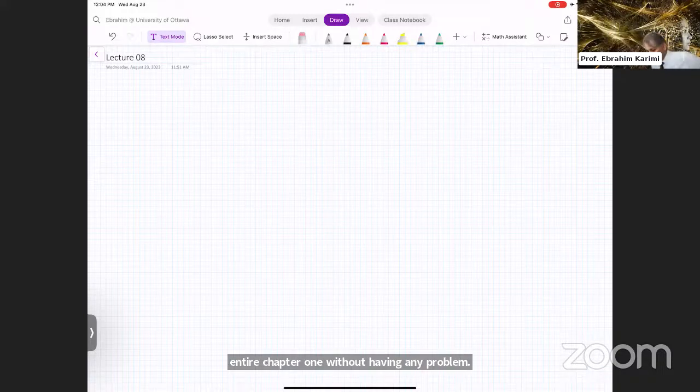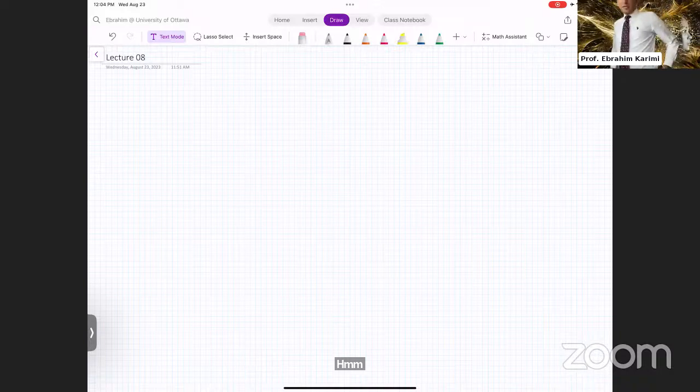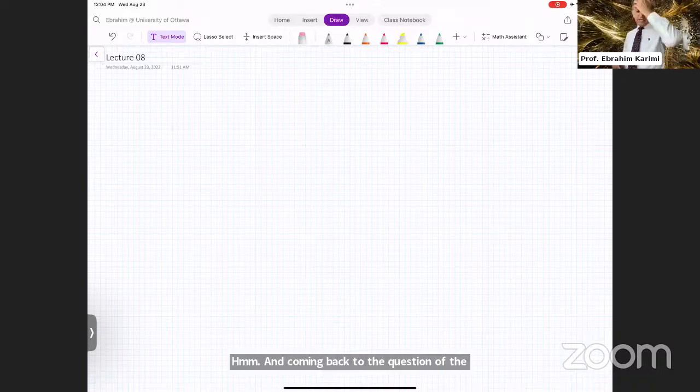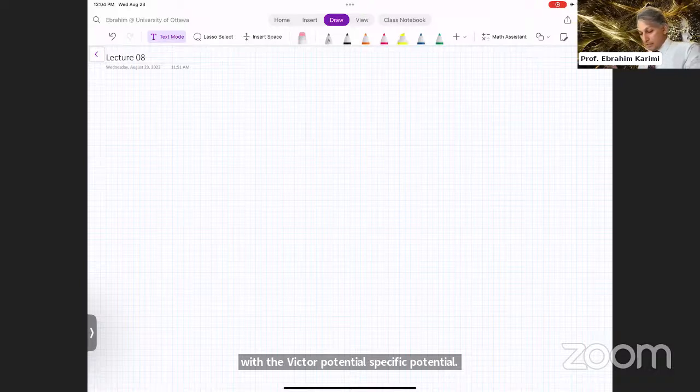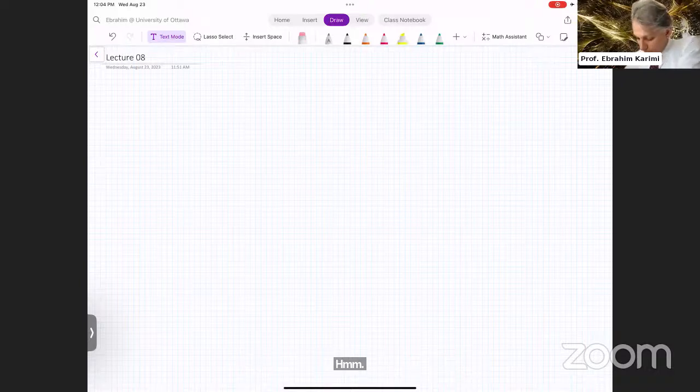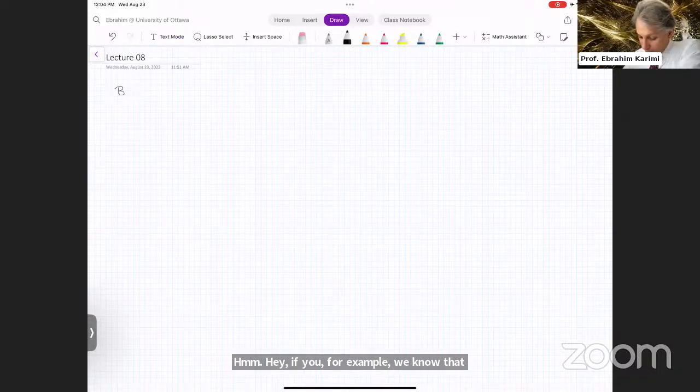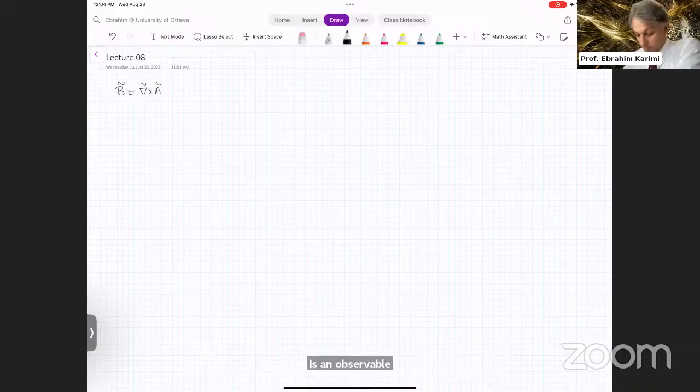So the problem of gauge comes back to the question of the scalar and vector potential. We described that if you go with a specific vector potential A, we know that B, the magnetic field, is an observable quantity, so we can go to the laboratory and measure it.